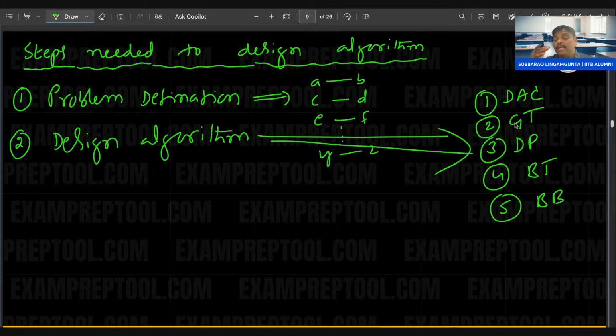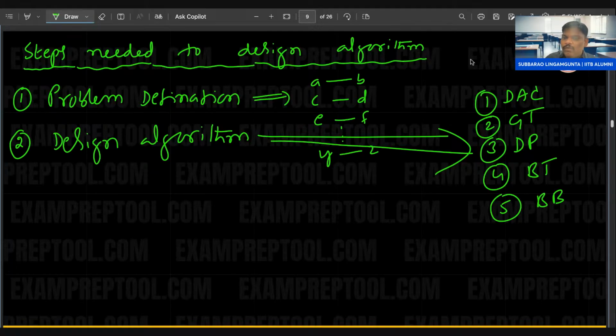They divided it a little further. Some patterns like sliding window, two pointer, prefix, there are so many variations. But in general terms these are the things: divide and conquer, greedy technique, dynamic programming, backtracking, branch and bound.